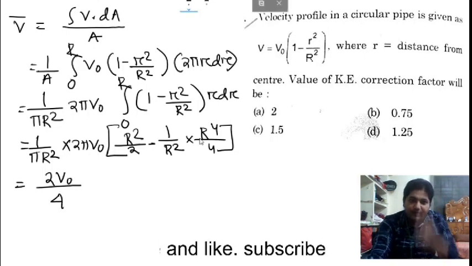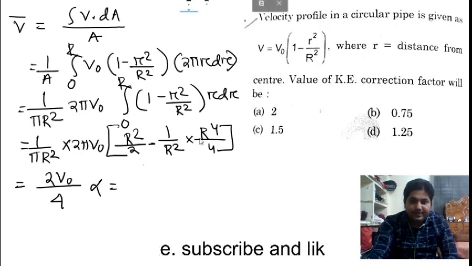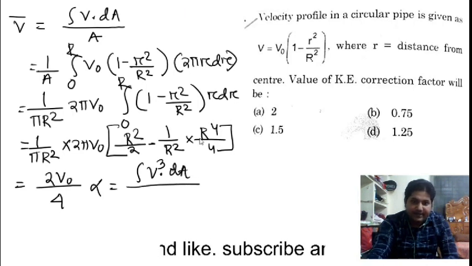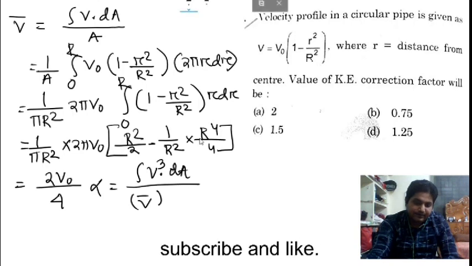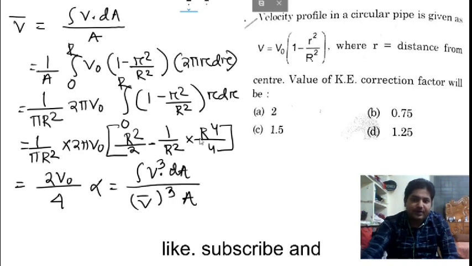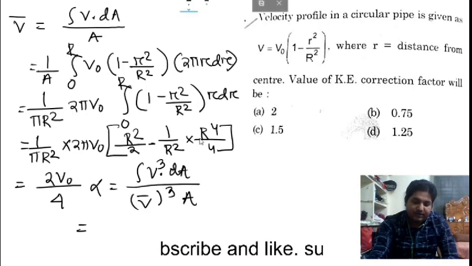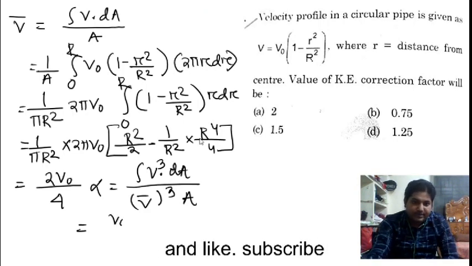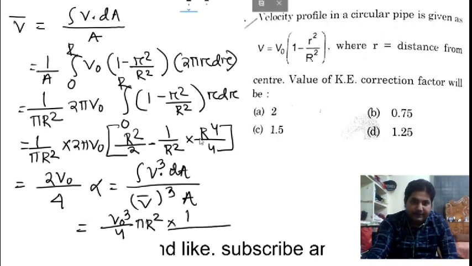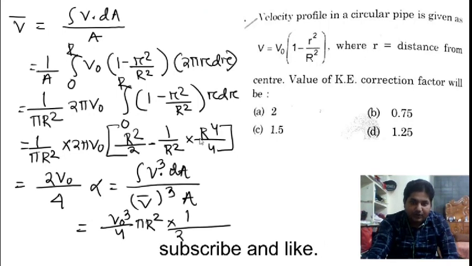Now we know alpha will be equal to the integral of v to the power q dA, divided by the average velocity to the power q into A. If you put in the values, we already found the numerator as v naught to the power q by 4 into pi R square, and the average velocity as 2 v naught divided by 4, raised to the power q, into pi R square.